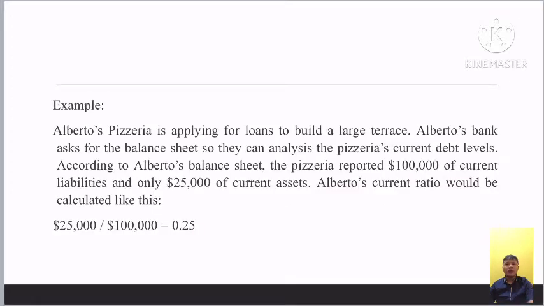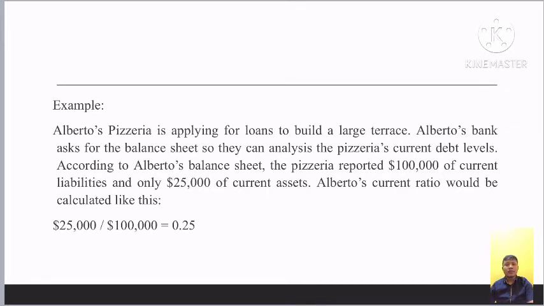I would like to show you an example of the current ratio. Alberto's Pizzeria is applying for a loan to build a large terrace. Alberto's bank asks for the balance sheet so they can analyze the pizzeria's current debt levels.